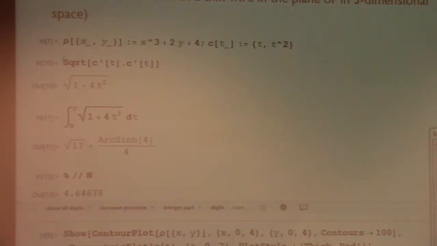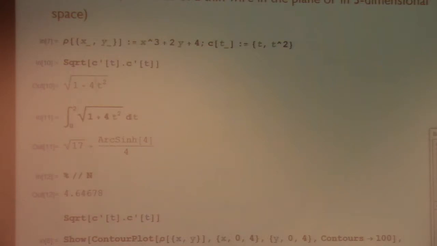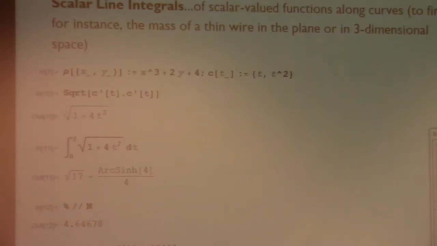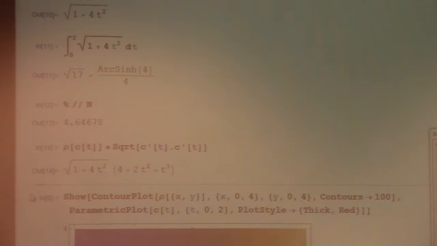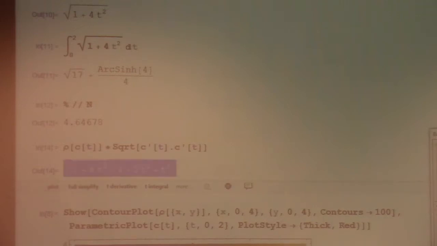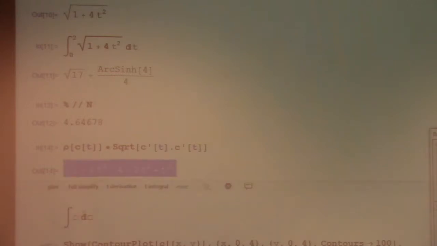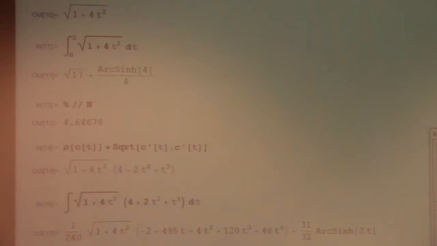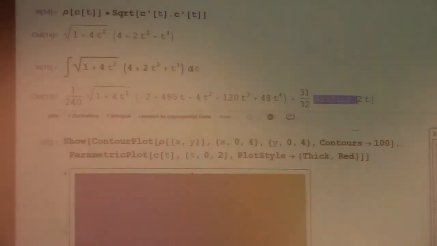We need to multiply this thing by rho of C of t to figure out the function we integrate to find the mass. Doing that by hand is not even possible. Let's see if we can calculate an antiderivative of this. Evidently it is possible, but it again involves a hyperbolic arcsine.